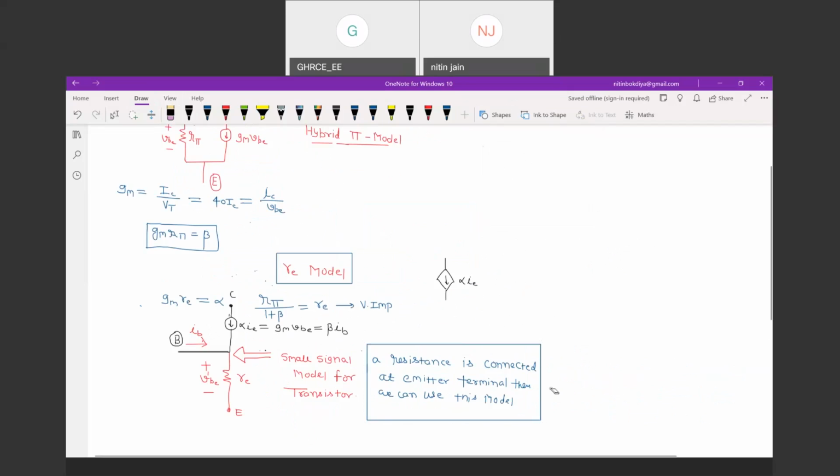This is the RE model and the R pi model. You can use either model at any time.